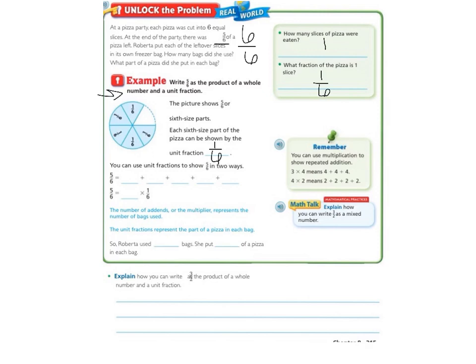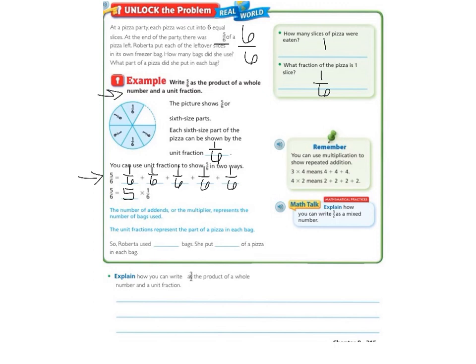So if I was talking about 5/6, well, that would be 5 pieces that are each 1/6. So that would be 1/6 plus 1/6 plus 1/6 plus 1/6 plus 1/6. There's 5 1/6. So 5/6 is the same as saying 5 times 1/6.